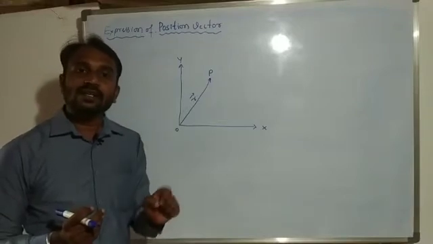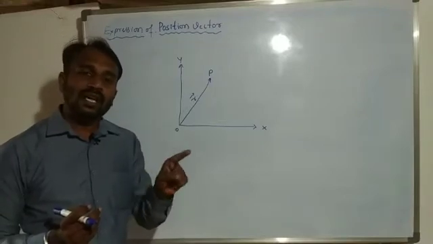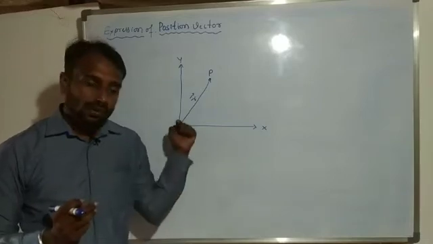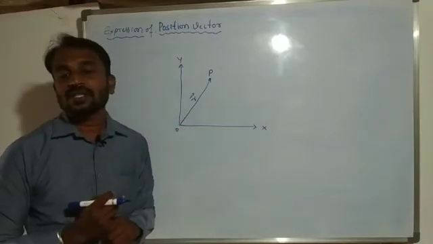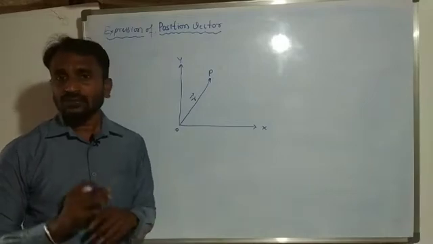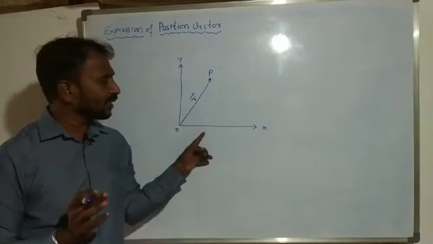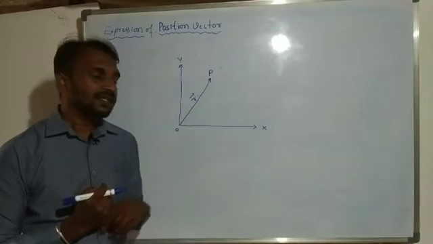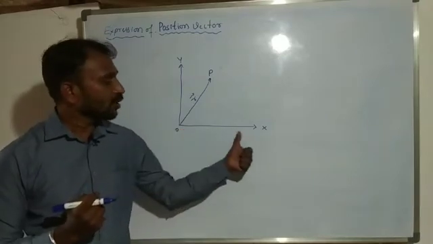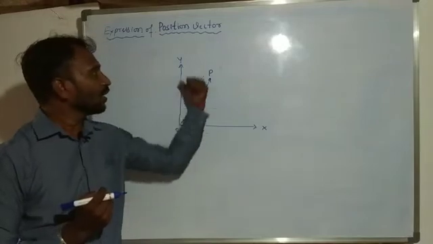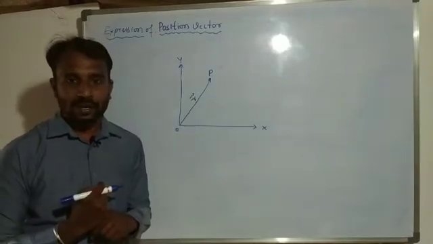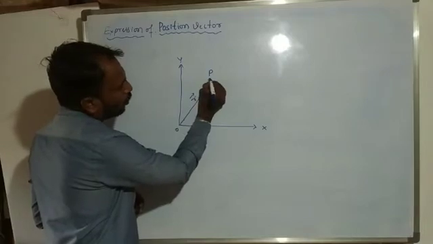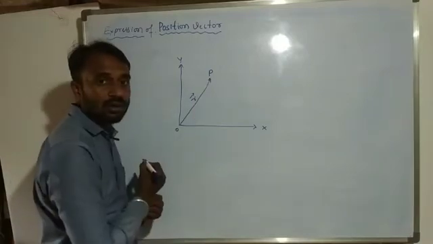Along the x axis the unit vector is i cap, along the y axis j cap and along the z axis k cap. Here we consider the x and y axes, so the unit vector along the x axis is i cap and along the y axis is j cap. Okay, so here we want to find out the position of this particle.